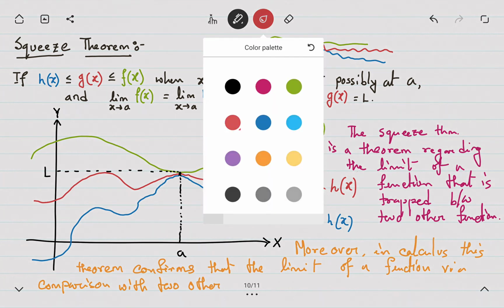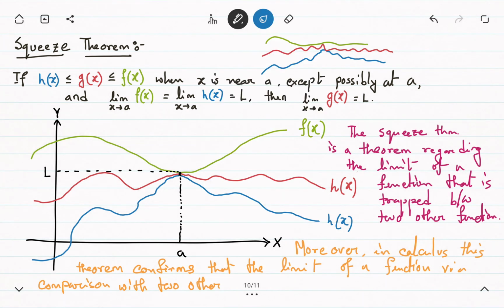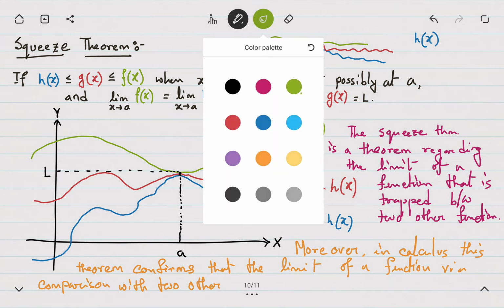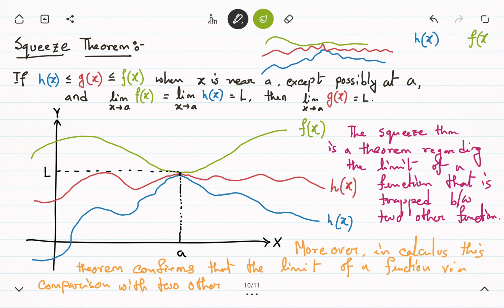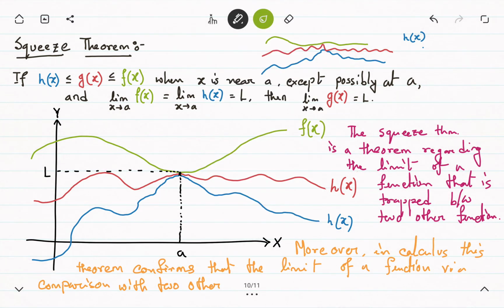So here it is h(x), and here it is f(x), and both approach a figure.